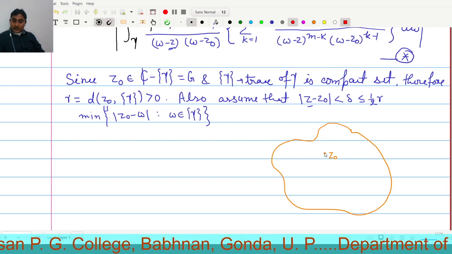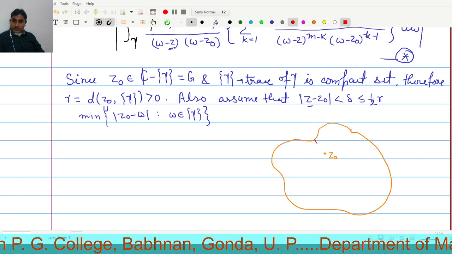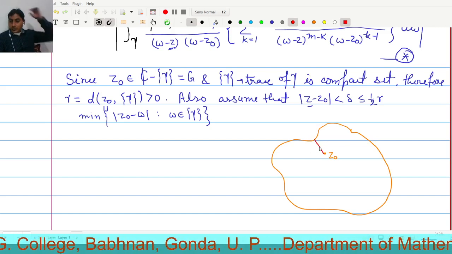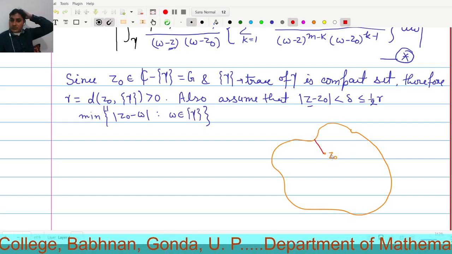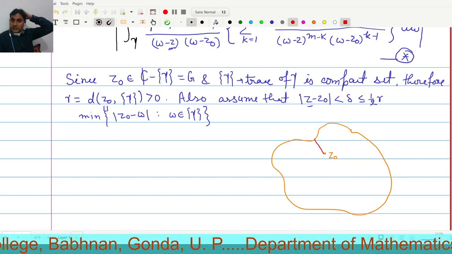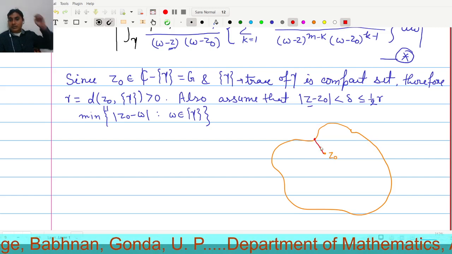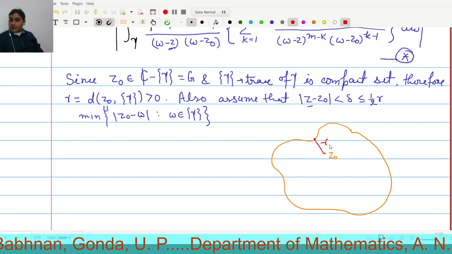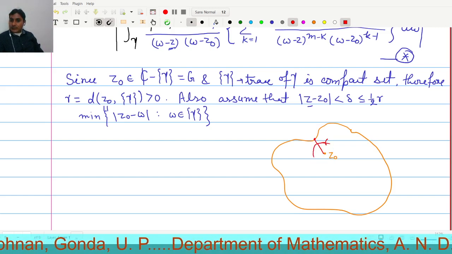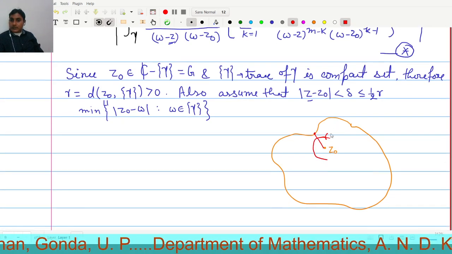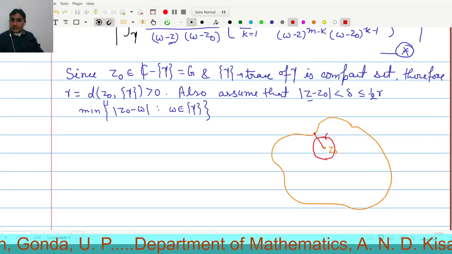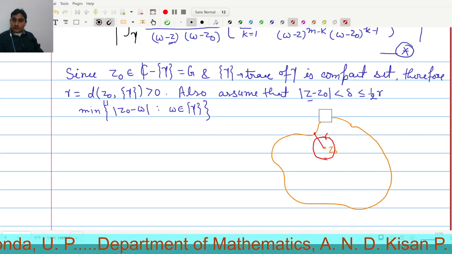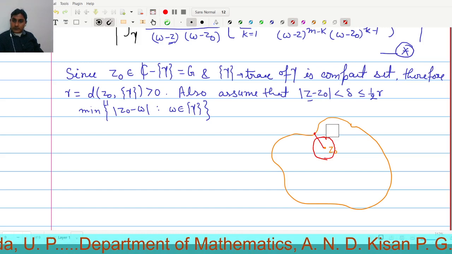Then the closest point of gamma from Z naught, suppose this is the closest point, this particular distance will be R. Here I have taken a disk of radius R by 2.